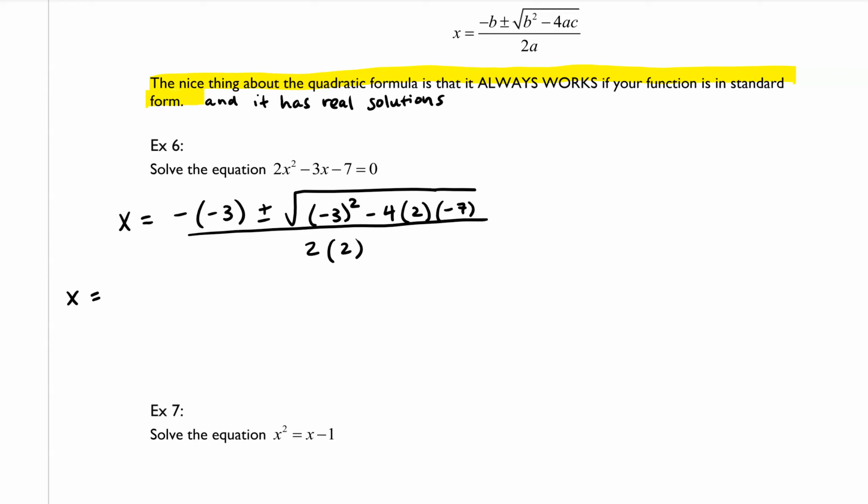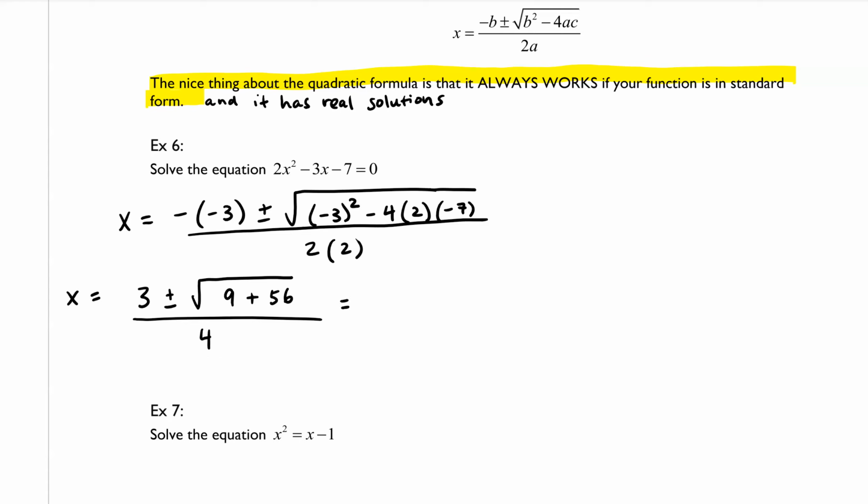Now we do want to go ahead and simplify that. So negative 1 times negative 3 is positive 3. Negative 3 squared is 9. Let's see, 4 times 2 is 8, and then 8 times 7 is 56, and that's going to be a positive 56. And then the denominator we can simplify as 2 times 2, which is 4.